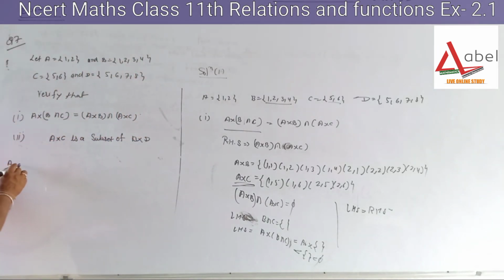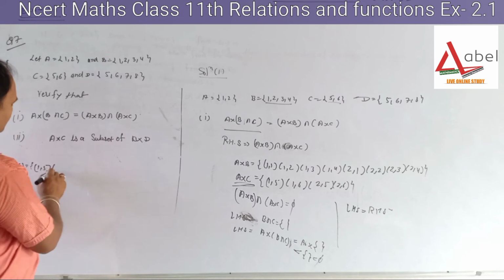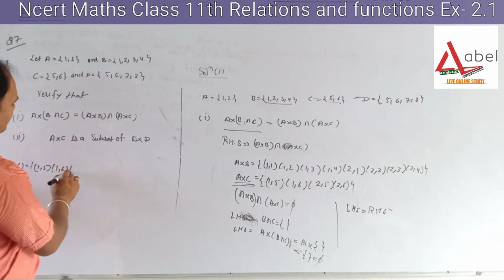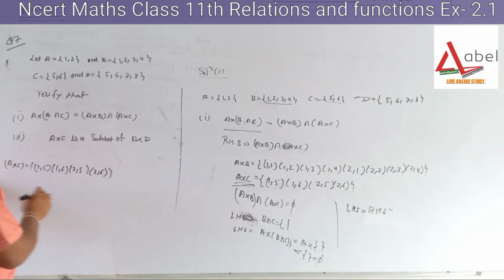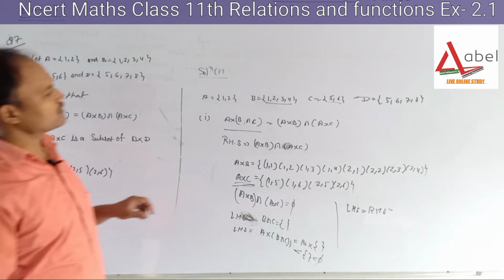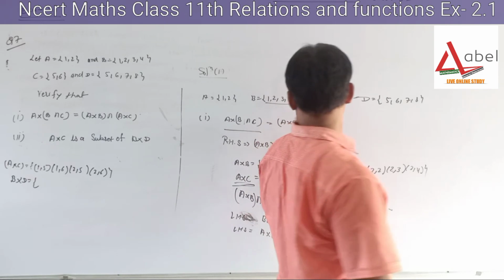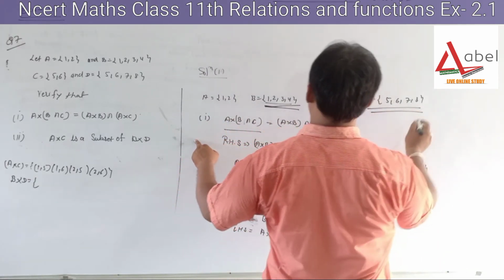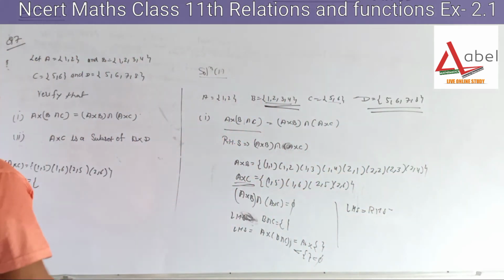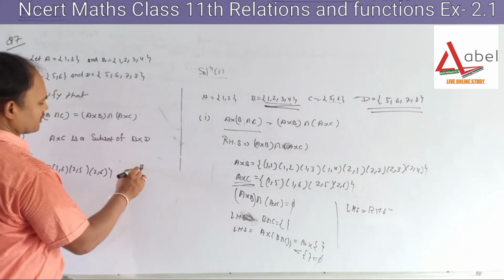A cross C is (1,5), (1,6), (2,5), and (2,6).